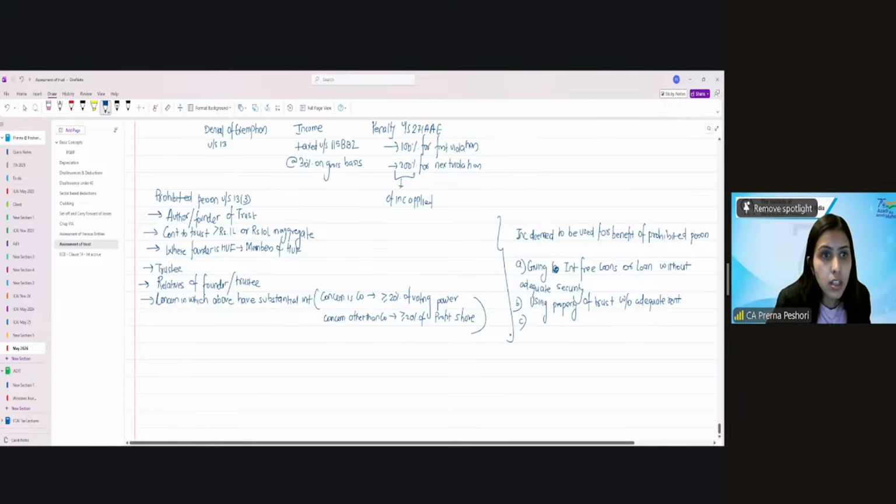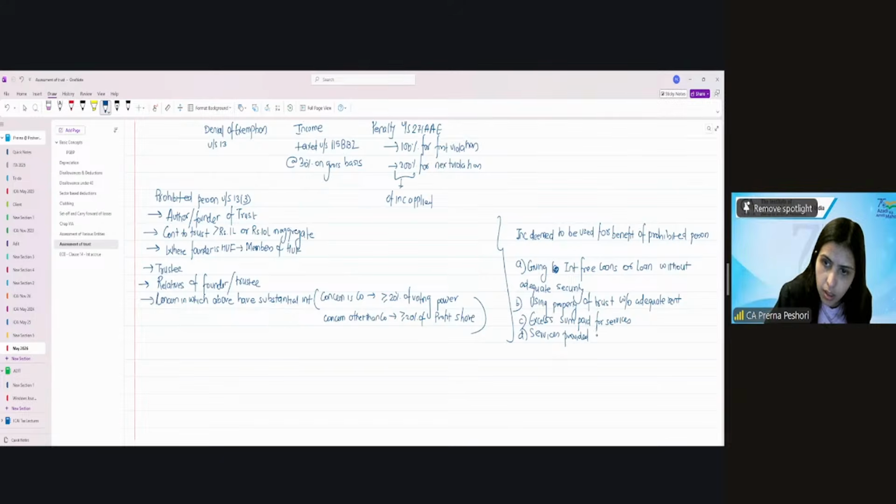So, excess sum paid for services. Or if the services of the trust are given to these persons without adequate remuneration. So services provided by the trust for inadequate remuneration.